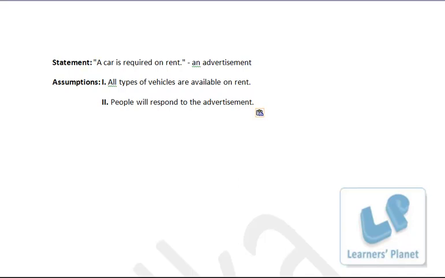So that is the purpose of an advertisement. So only assumption 2 is implied over here, because if people are not ready to respond, then why is there a requirement of advertisement. So assumption 2 is valid, so we can say option B, if only assumption 2 is implicit.